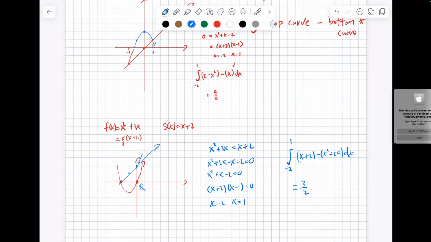You need an extra parenthesis outside. So know how to use the calculator, because using the calculator is also very important. I got 9/2.